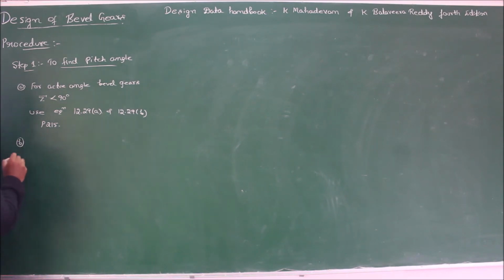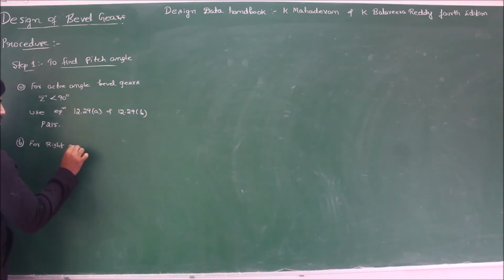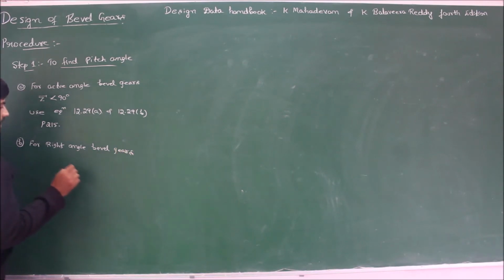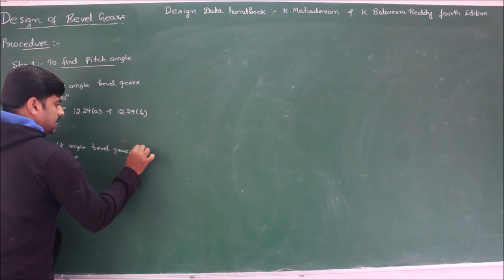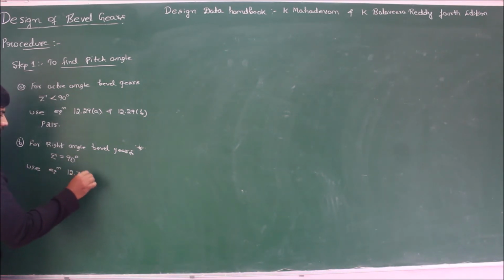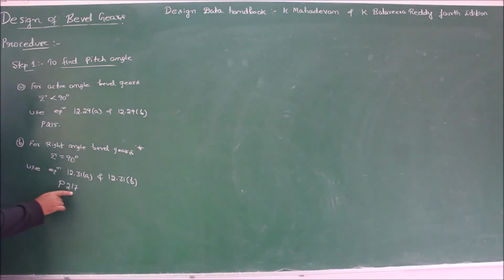Else, for right angle bevel gears, that is in the problem, if the shaft angle is given as 90 degrees, and also this is the standard case which we will consider if the shaft angle is not mentioned in the question, then you should use equations 12.31a and 12.31b of page number 217.